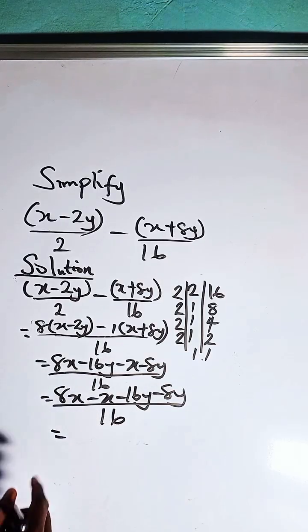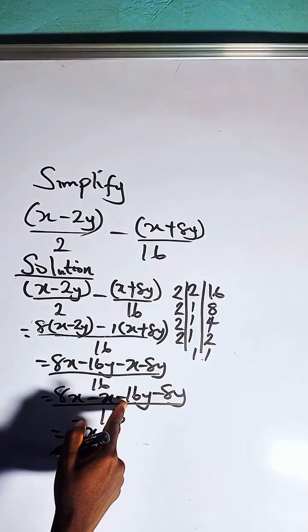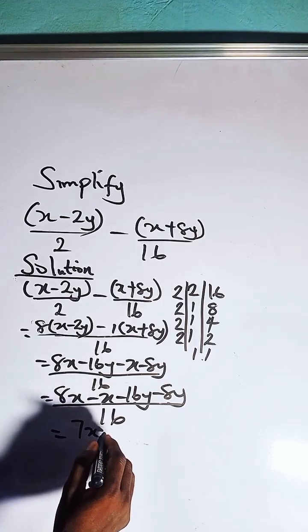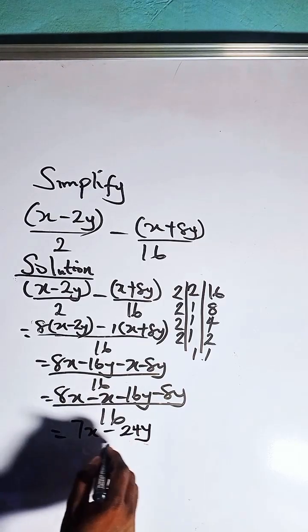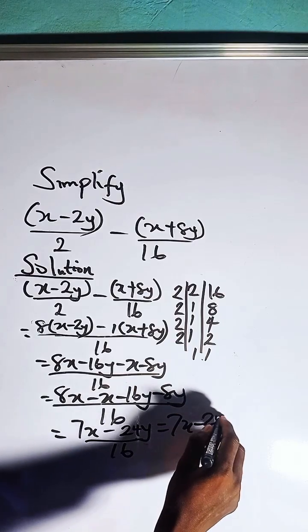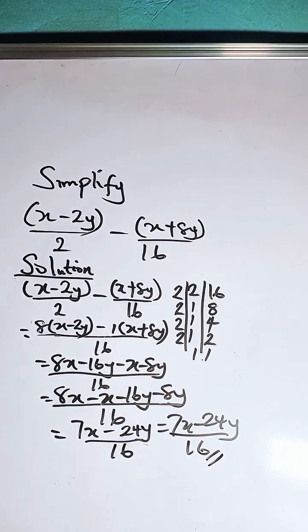So 8x minus x is 7x, and minus 16y minus 8y is minus 24y over 16. So our answer is 7x minus 24y over 16. Thank you very much.